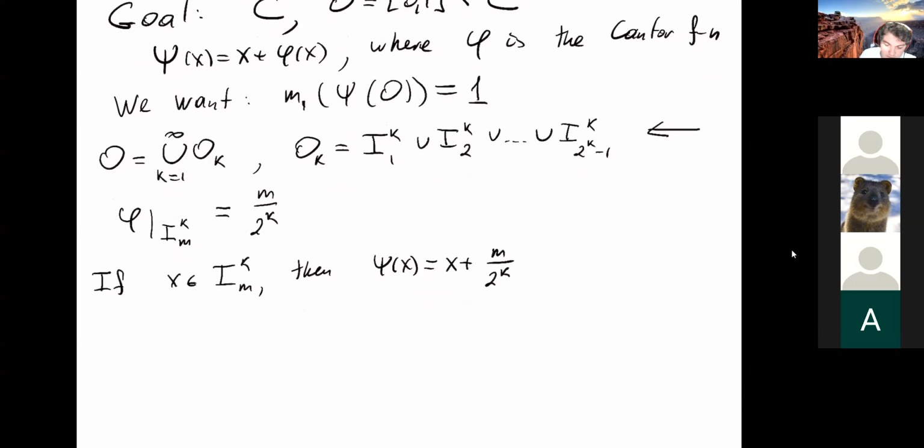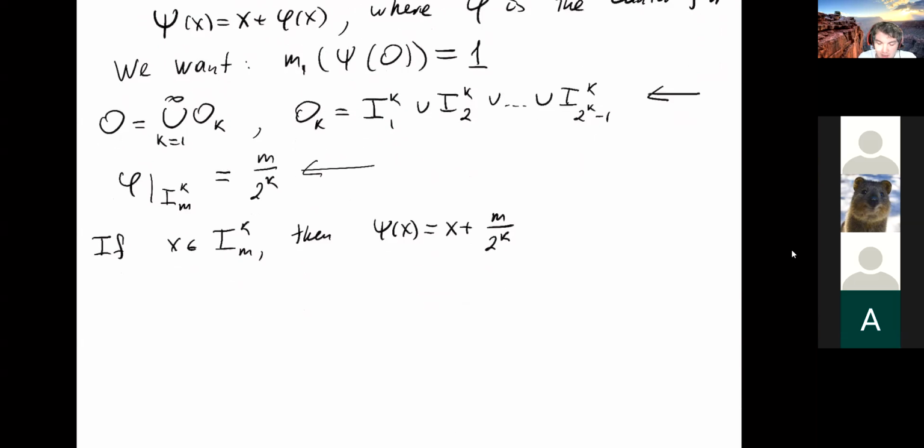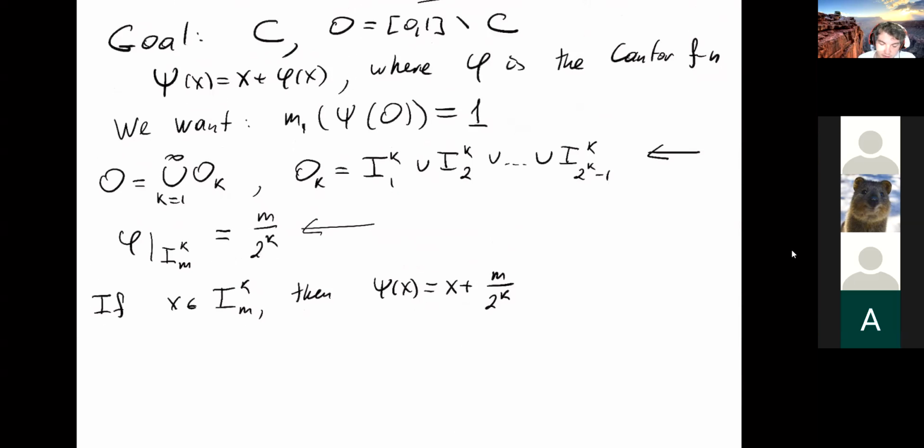So the last thing I wrote were these two lines: if we restrict phi to one of the intervals, then we have this formula. This was just the definition. If x is in I_{k,m}, then psi of x, because psi of x is x plus phi of x, and phi of x is this, we get that psi of x is x plus m over 2 to the k.